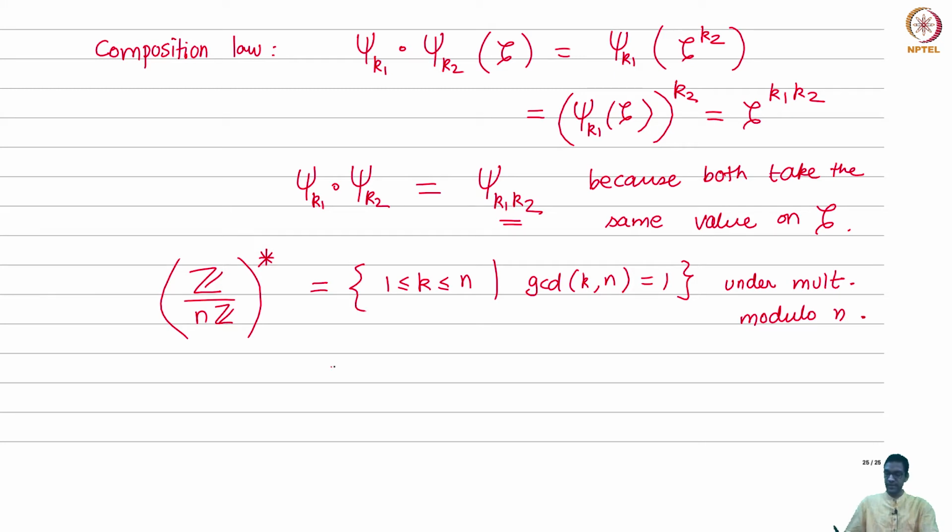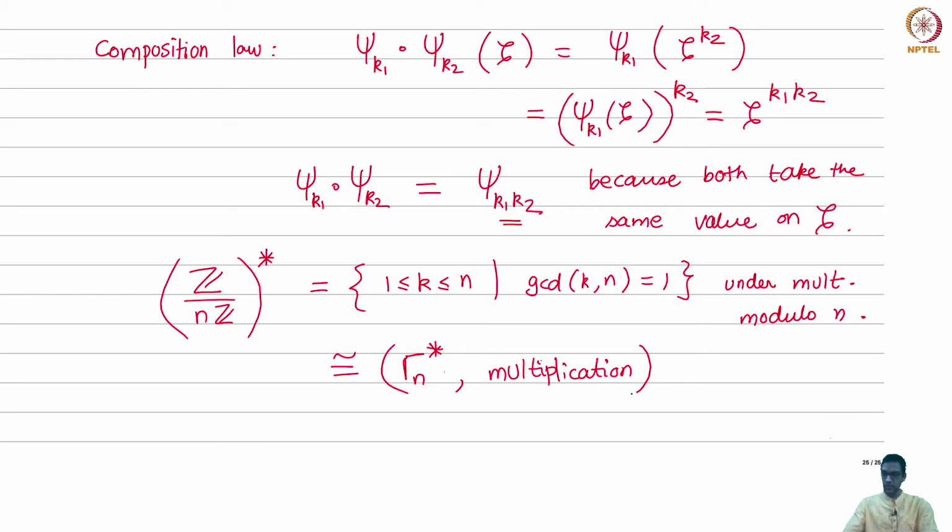Another way of saying it is that this is isomorphic to the group gamma n star of primitive nth roots of unity under multiplication. So you should think of the primitive nth roots of unity as a group under multiplication. They are all complex numbers, and if you multiply two primitive nth roots of unity, what you get again is a primitive nth root of unity.